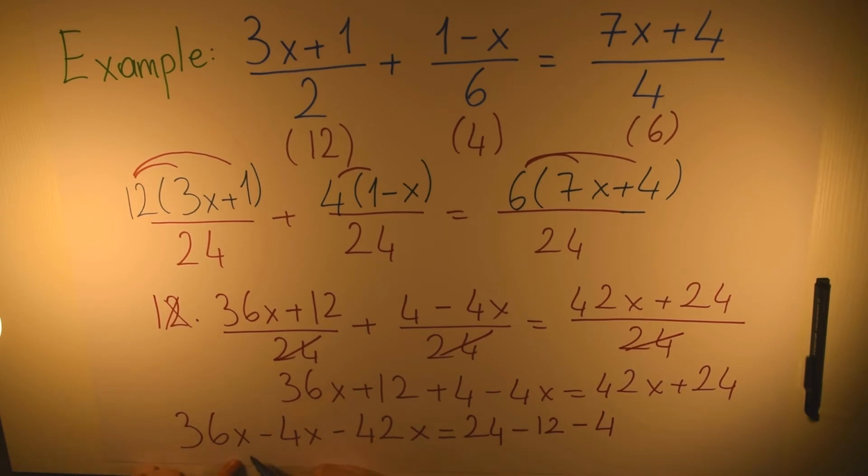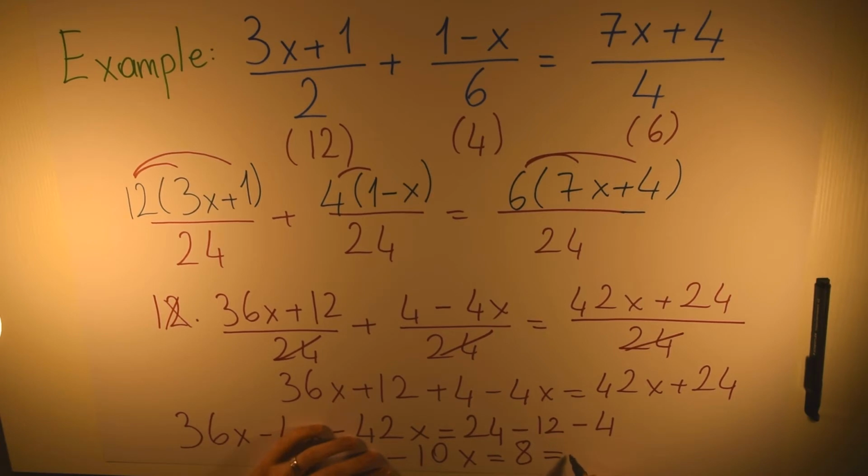So here let's see what I left here. It's 36x minus 4x, it's 32x, minus 42x, it's minus 10x is equal to, I have here 12 minus 4, and this is equal to 8. So I relocated them, and then I simplified, right?